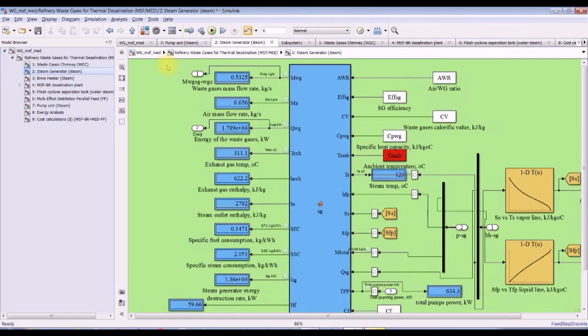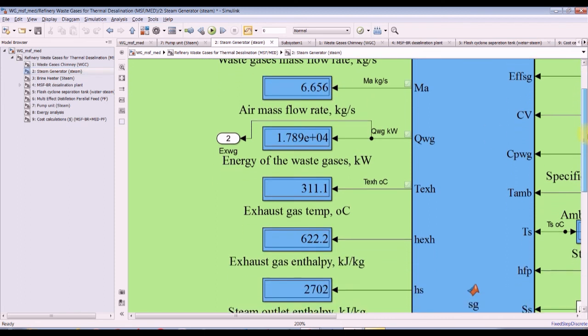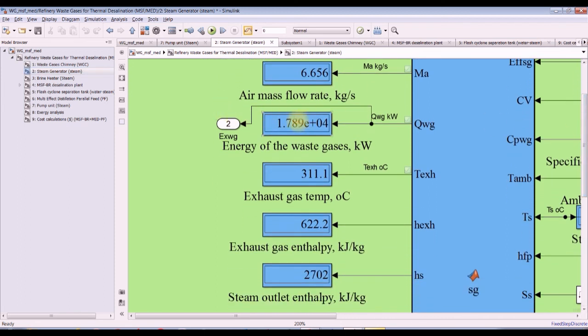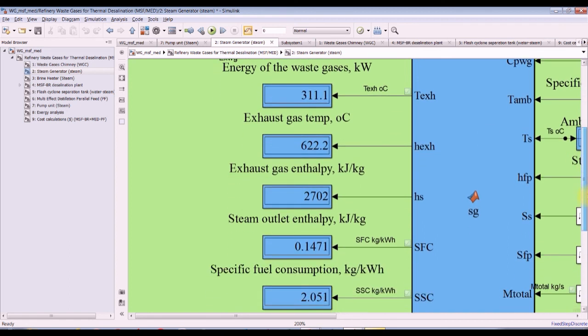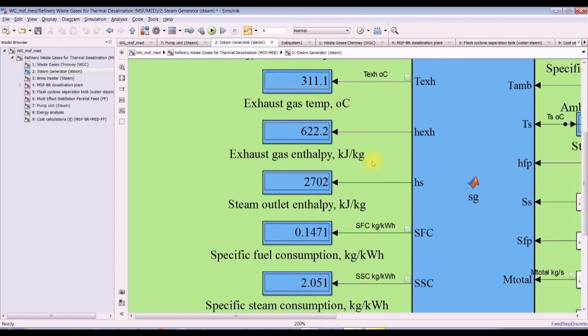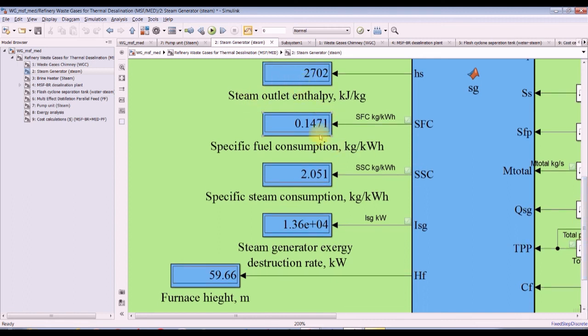This is the steam generator load, let's see. This is the waste gases mass flow rate. This is the air mass flow rate. This is thermal power, and this is the exhaust temperature from the steam generator to be drained into the air, and this is the enthalpy, and this is the enthalpy of the steam going to the brine heater.